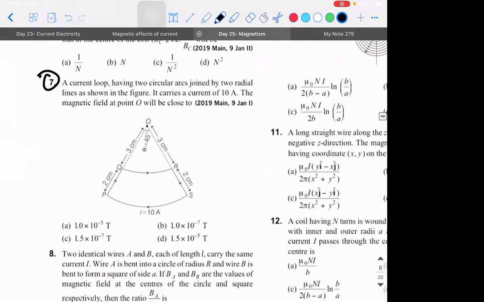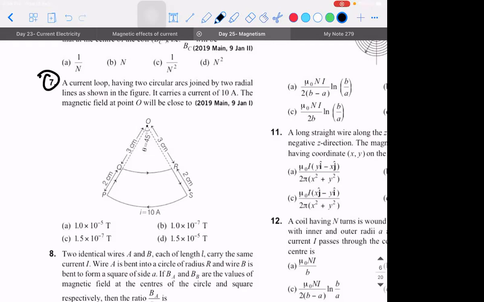Seventh one. Do it quickly. There is a current loop having two circular arcs joined by two radial lines as shown in the figure.